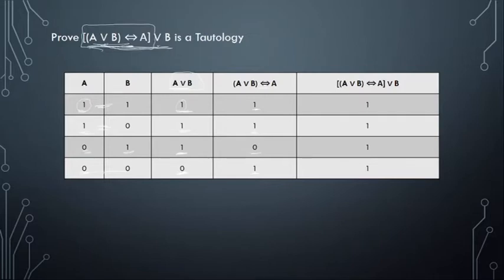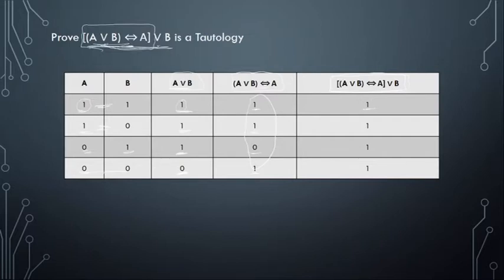Then the last, so the whole proposition na. So let's prove that this proposition is a tautology. So nakuha na nato ni. So dire na yung mga return values. So since or B. So 1 1, so 1 or 1 is equal to 1.